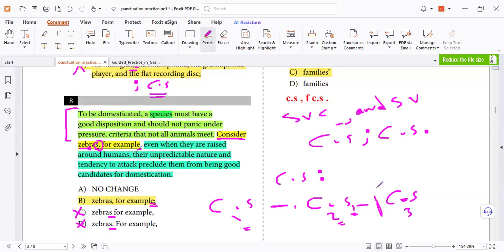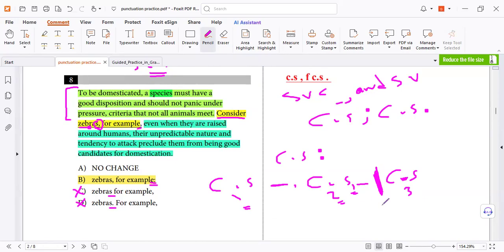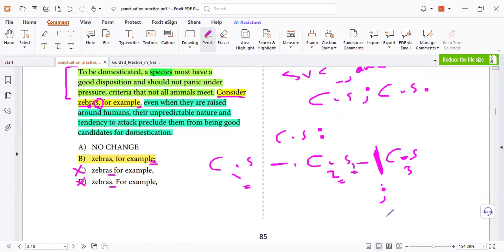So in this part, you need a full stop or semicolon or colon or single dash. Why? To connect this clause with this clause. So he used the colon. It's better. But if I use the comma, wrong, because complete sentence, comma, complete sentence is wrong. Here, the first one is simple, the second one complex. So a comma is a mistake, so we don't need this comma.